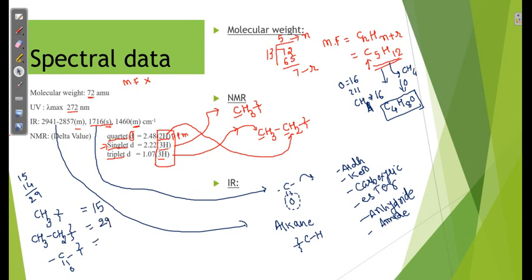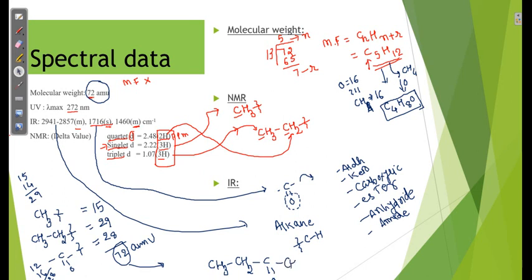Then this fragment, CO, has a mass of 12 plus 16, so 28. The sum of this is 72 amu. So this is matching with the molecular weight given in our formula. That means we are very happy, we are near. So how do we match these fragments? We have to match them in such a way. This is the only possibility; there is no other possibility for the given compound.